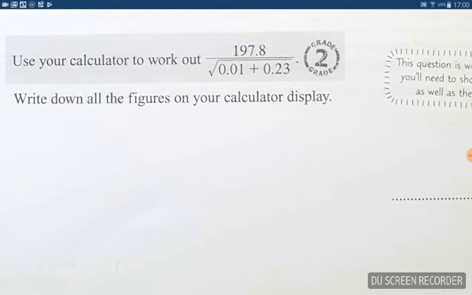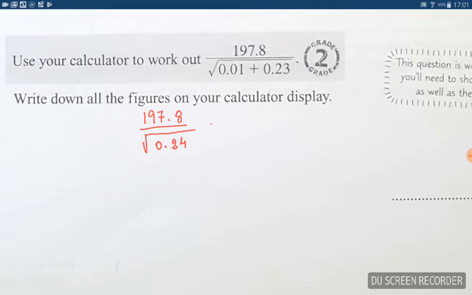So 0.01 plus 0.23 will be 0.24. Now before the division, we have to work out the square root.